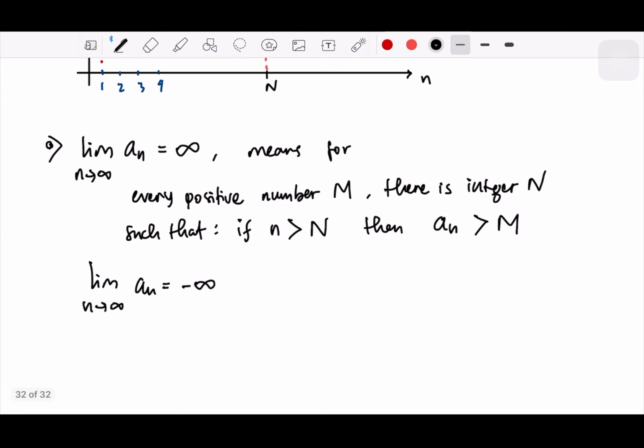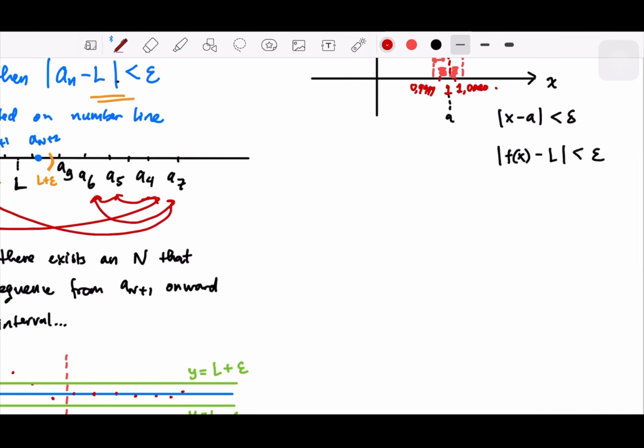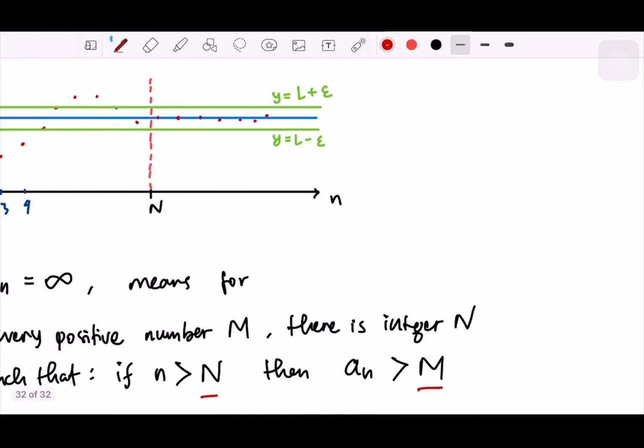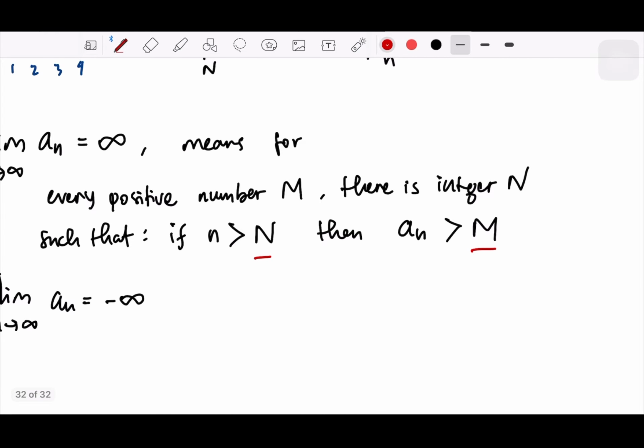If you see any symbols in the precise definitions, like m, or in the original one, delta and epsilon, it means it can be any number that you can think of. If you put in the number and those numbers are less than the sequence, then the sequence will go increasing without any restrictions.